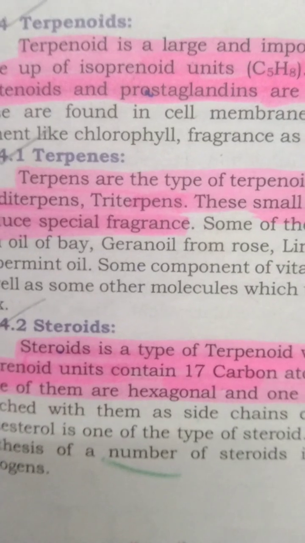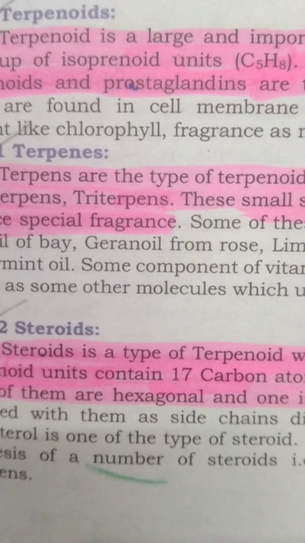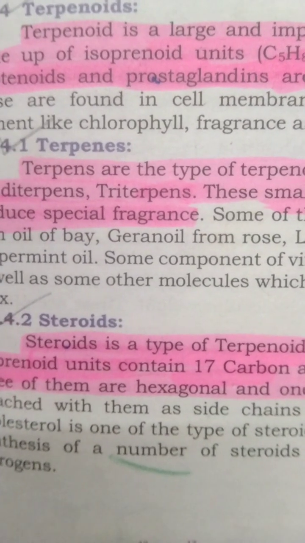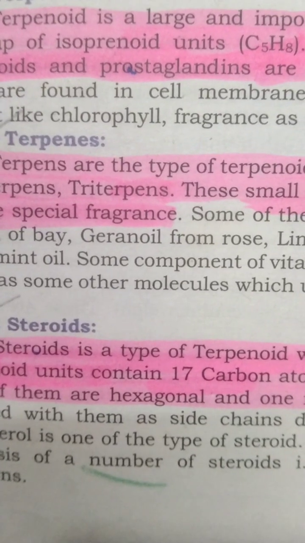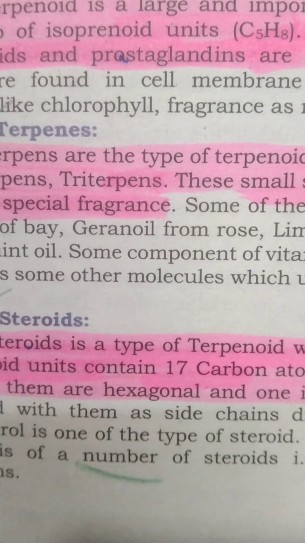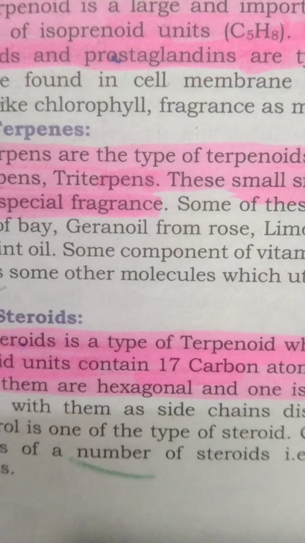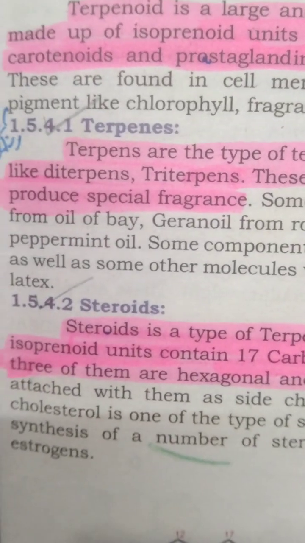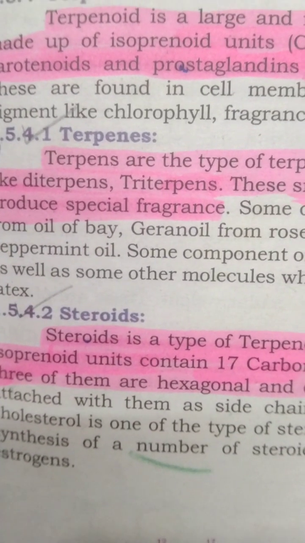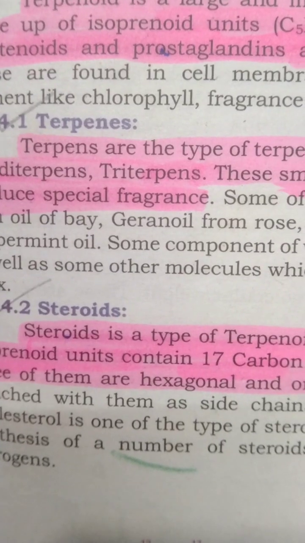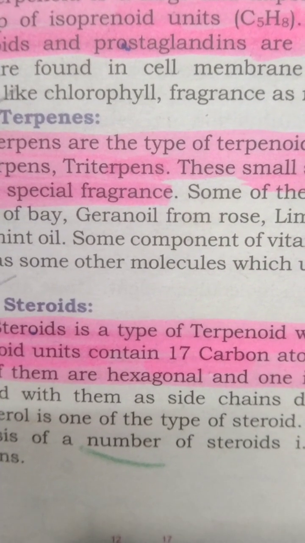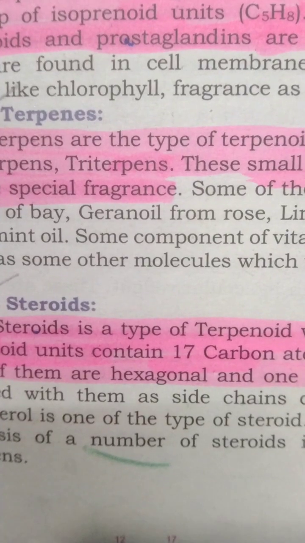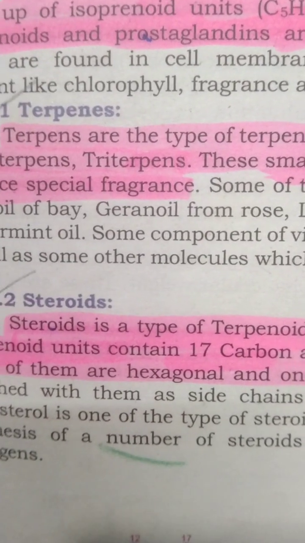Terpenoids are a large and important class of lipids. Why? Because of the isoprenoid unit, C5H8 is the formula. Terpenes, steroids, prostaglandins, carotenoids, all these are types of terpenoids. Why are they important? They are found in the cell membrane as cholesterol, and in chlorophyll, fragrance, and menthol.